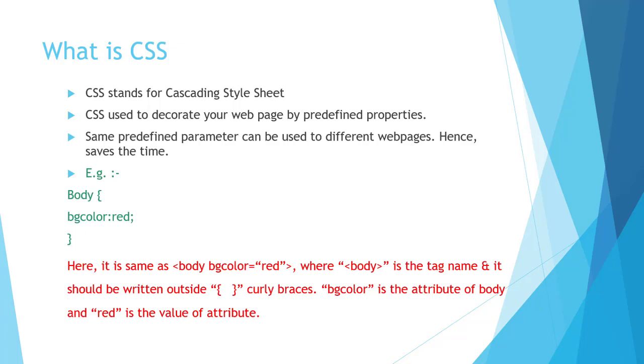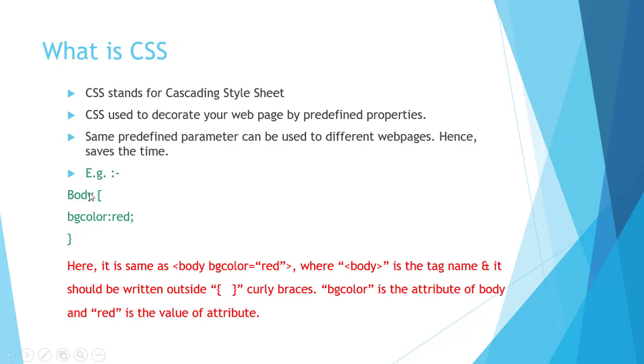For example, here I have given an example of the body tag. The body tag is my main tag of HTML. As you can see, we can use a tag like body bgcolor equal to red in double quotes. While giving style, we can write something like this.